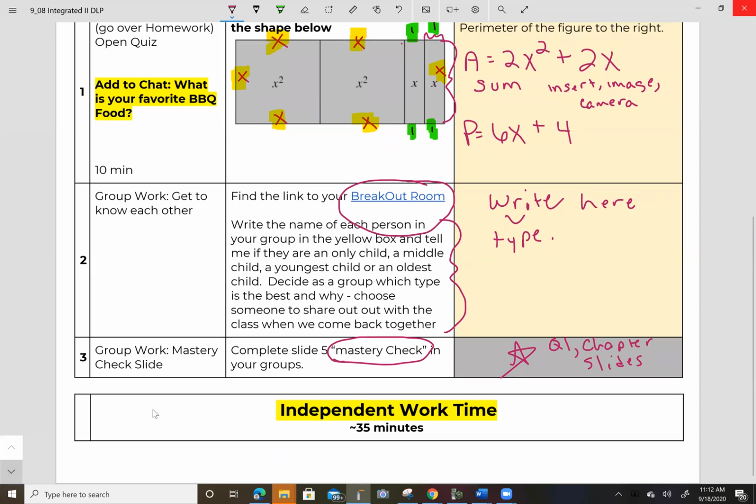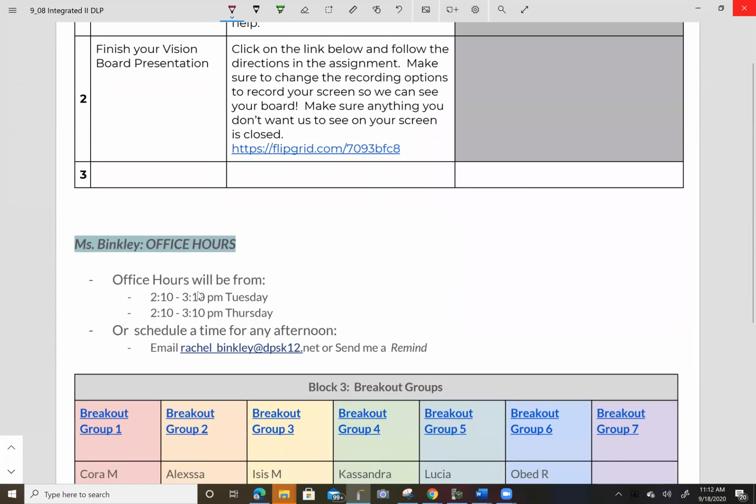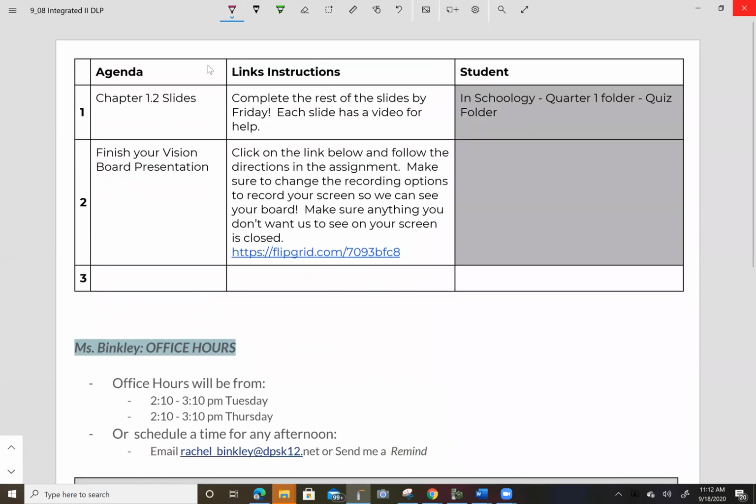And then for independent time, it was finishing up these chapter 1.2 slides. That's what we were just talking about. Quarter 1 folder. Oh, it's not in the quiz folder. It's in the chapter slides folder.